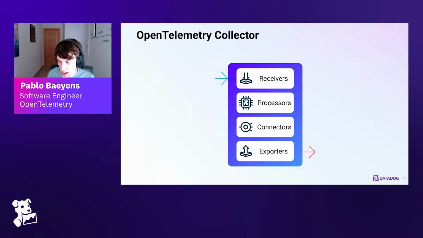So my main role within the OpenTelemetry community is as a maintainer of the collector. That means that I set the general direction of the project, decide what's in scope and out of scope, and define both the general framework for the collector as well as have a say on the different components that you can use in the collector. These are the ones that we see on the slide: the receivers, processors, connectors, exporters.